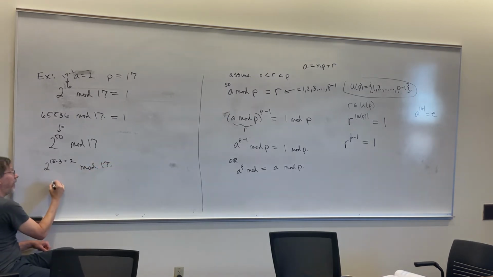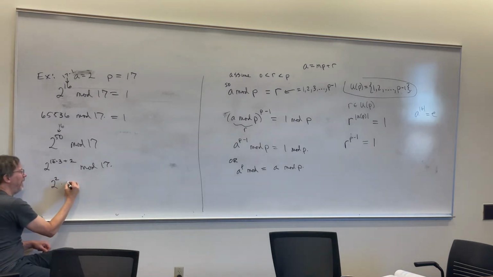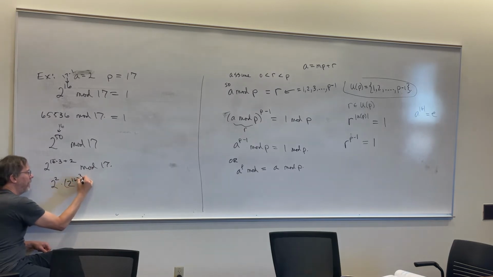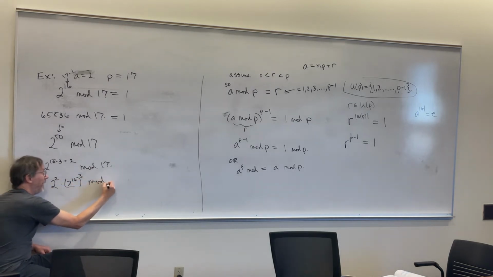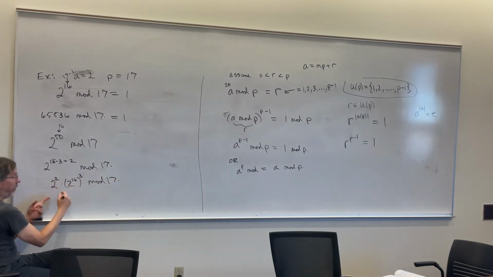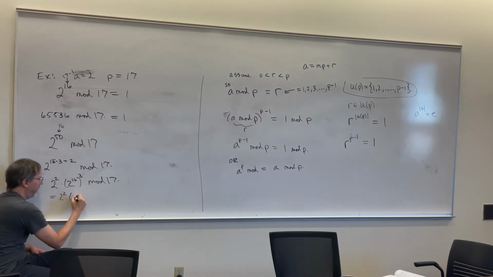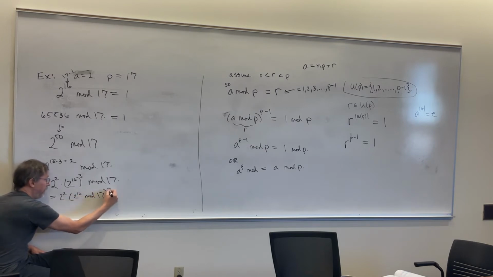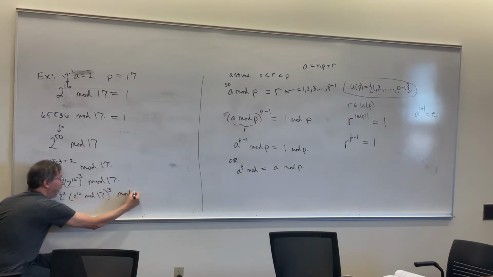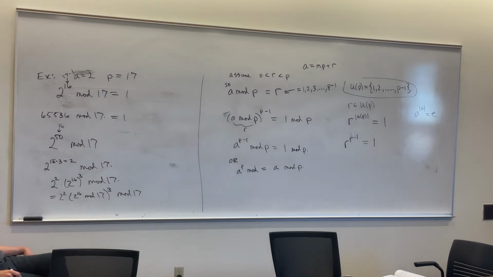So this is actually 2 squared pulled out front, and then 2 to the 16th, cubed, all mod 17. That's 1 cubed, and then 2 squared.